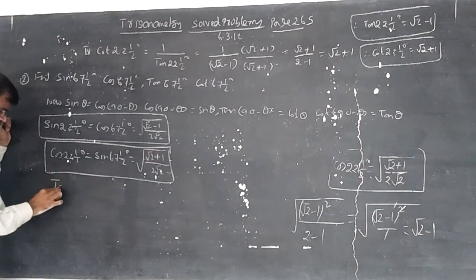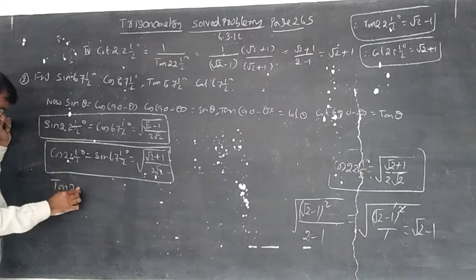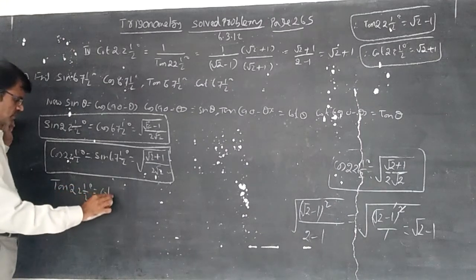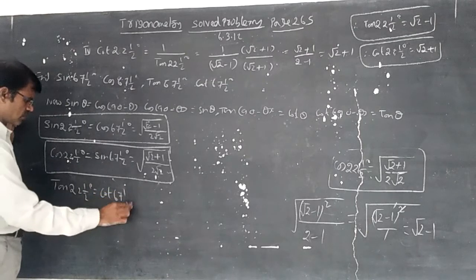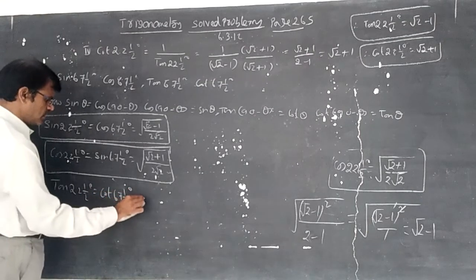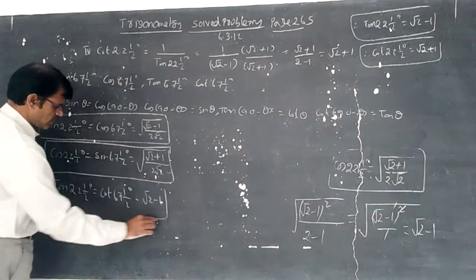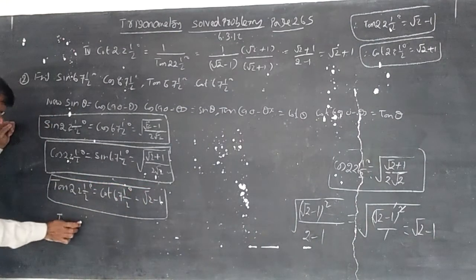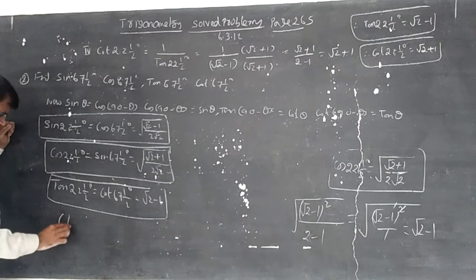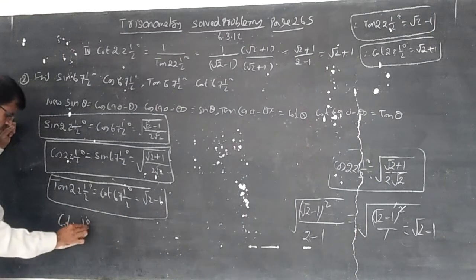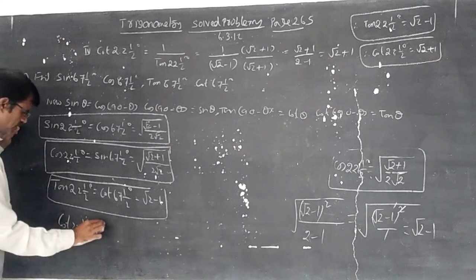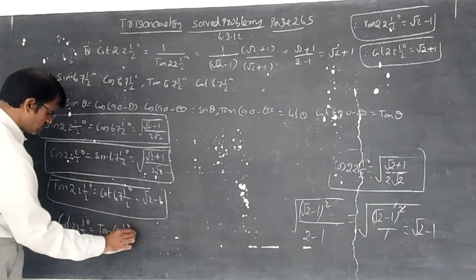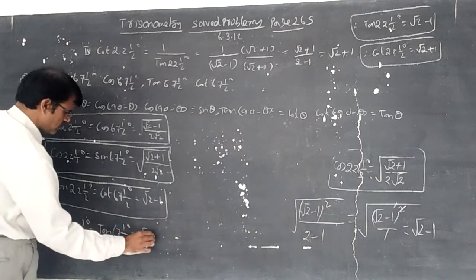Next one, tan 22½ is equal to cot 67½, that is simply root 2 minus 1. And cot 22½ degrees is equal to tan 67½ is equal to root 2 plus 1.